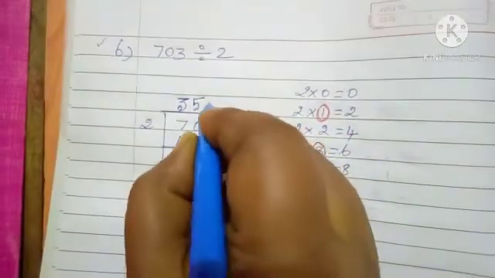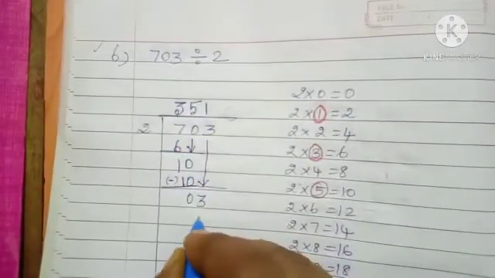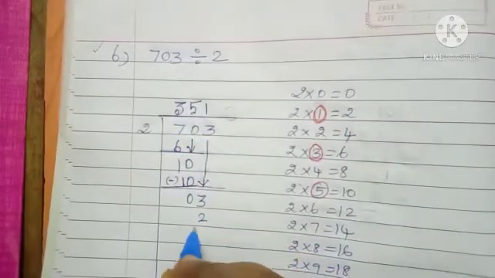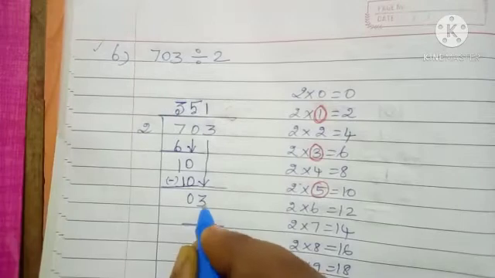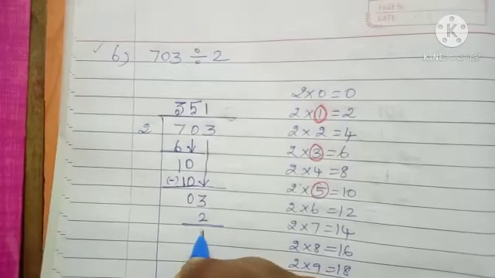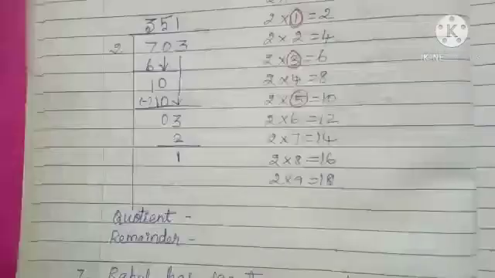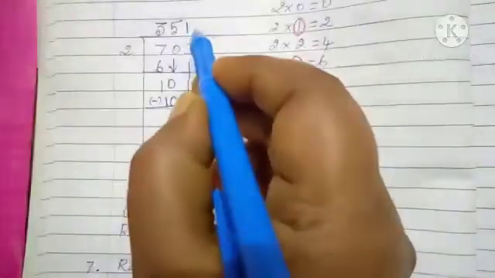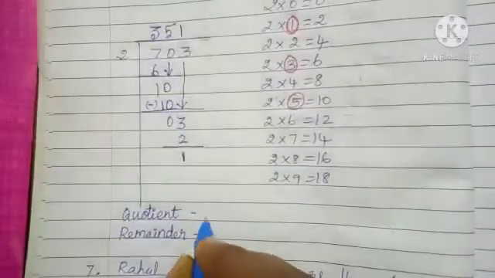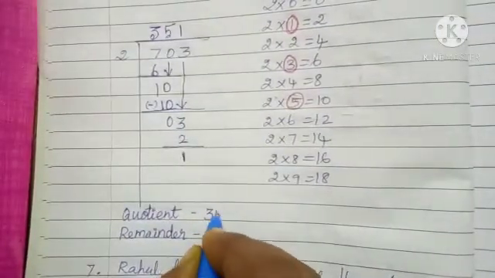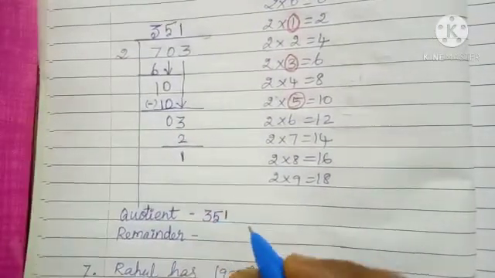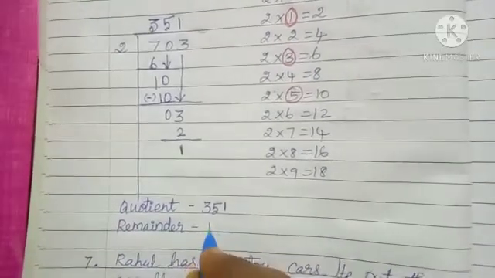Then write 1 time 2. 2 ones are 2. So 3 subtract 2 is 1. Now write the answer. How many times does the table go in? 3 5 1. 351 is the quotient. 1 is the remainder.